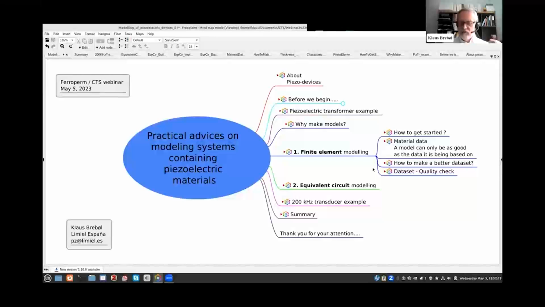So what is important is the total loss, and you may get away with saying, well, the dielectric losses are like this, and the mechanical losses are like that, and we don't really need the piezoelectric losses. But once you have an efficient transformer that can transfer a lot of power in a small volume, that is with a high power density, then you will have to know also the piezoelectric losses. At least that's my experience. If you want to model that, you will have to know piezoelectric losses.